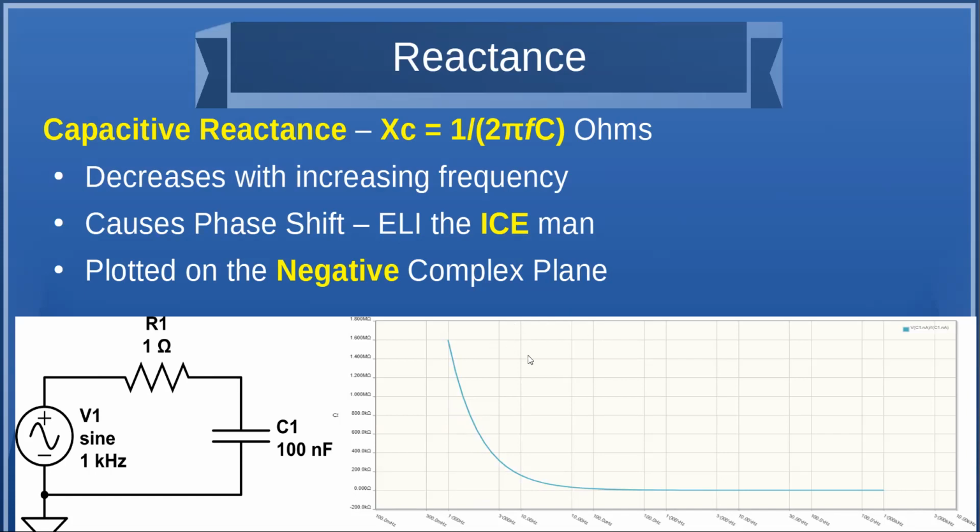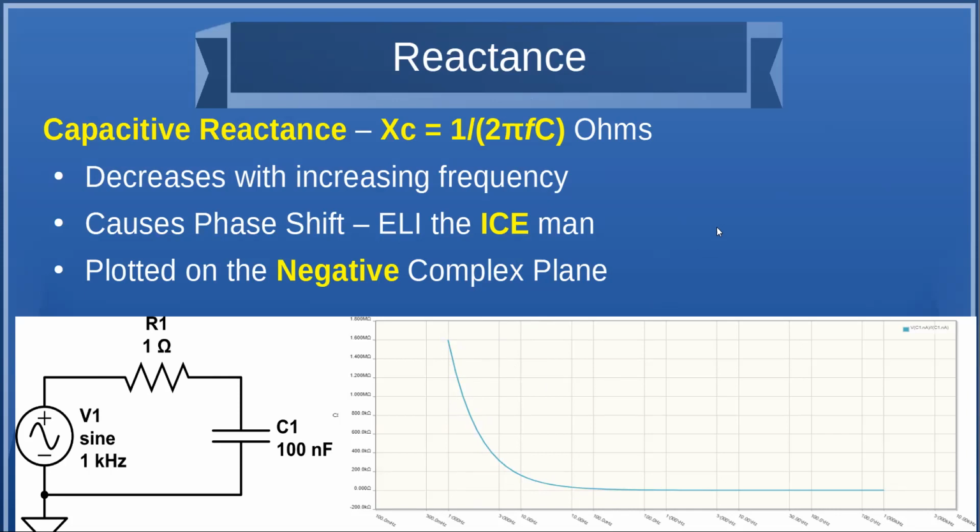But you see, the reactance starts fairly high and decreases as the frequency goes up, and it decreases exponentially because it's a reciprocal.